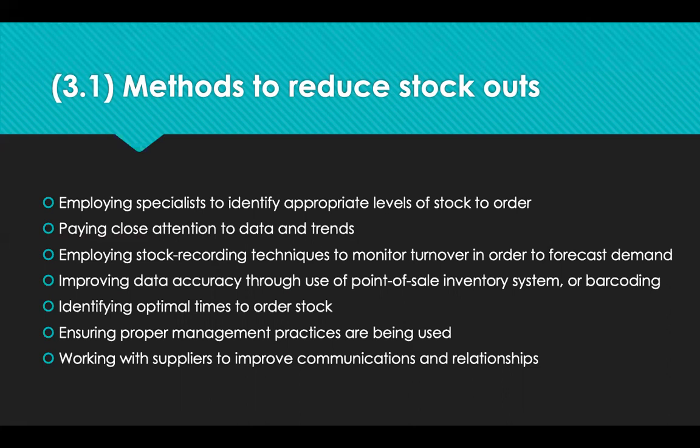Improving data accuracy through use of point-of-sale inventory systems such as barcoding and radio frequency ID. Identifying optimal times to reorder stock and ensuring proper management practices are being used. You could also work with suppliers to improve communication and relationships. This is known as strategic procurement.